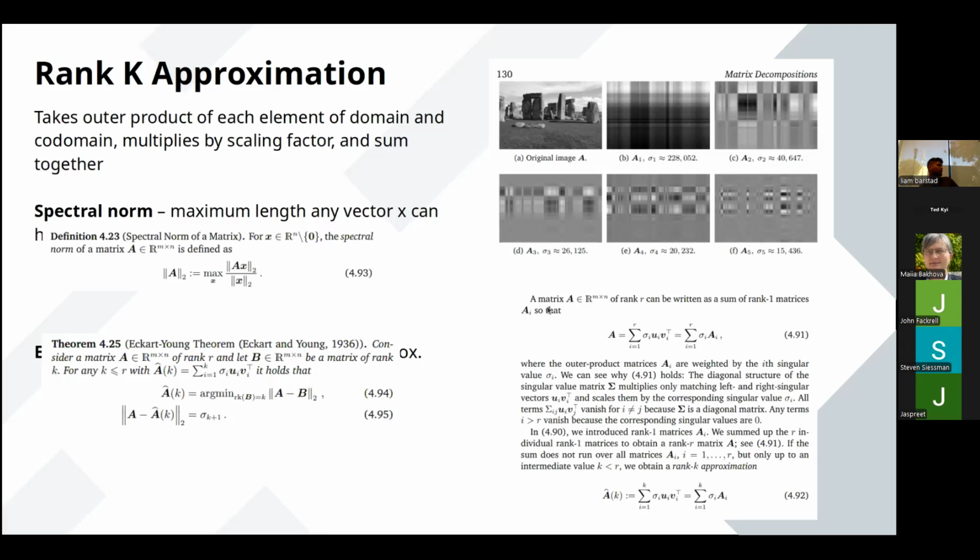I also did this in the code, but it also gave us a way of determining the maximum length that any vector can have in this transformation, as well as a metric to understand how good a particular approximation is, which is the Eckart-Young theorem, and the spectral norm as well.